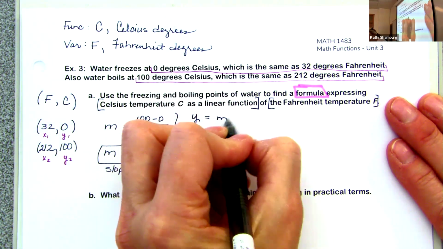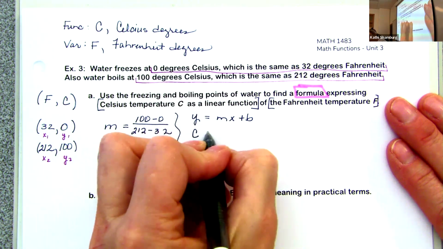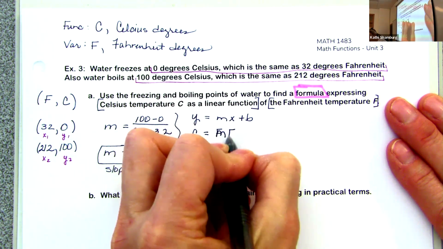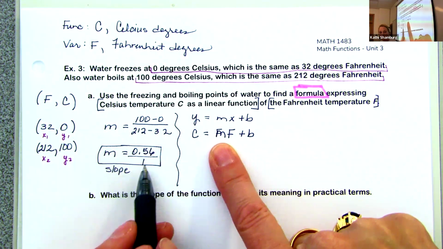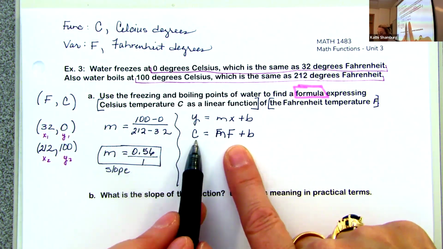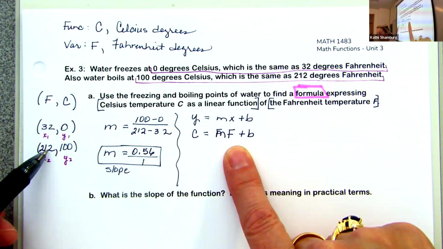y equals mx plus b, but y is our C, so C equals, whoops, mF plus b. All right, so we know m is 0.56. And then we're going to substitute in either one of these. We looked at last week that it doesn't matter which one you substitute in, you'll still get the correct initial value. I'm just going to use the first one.